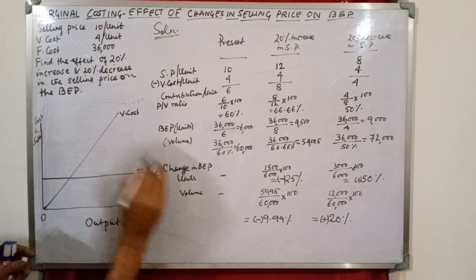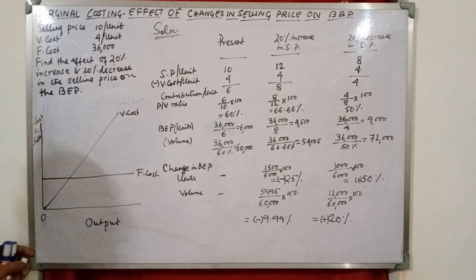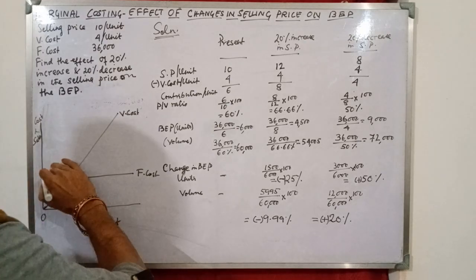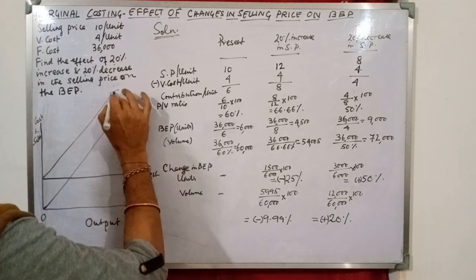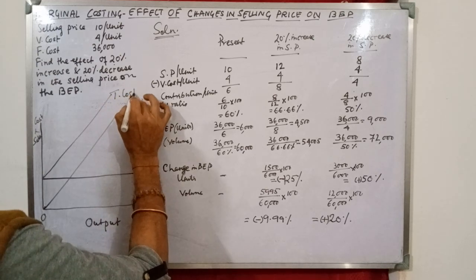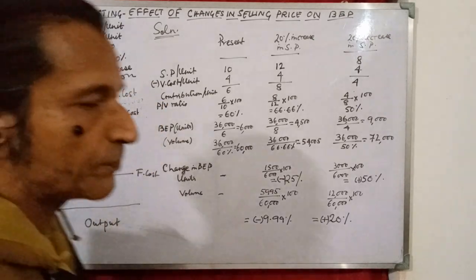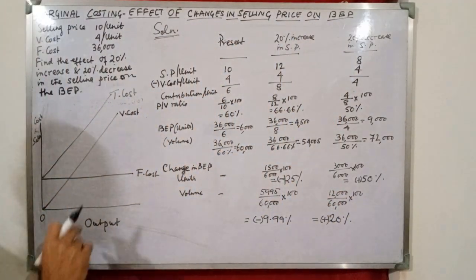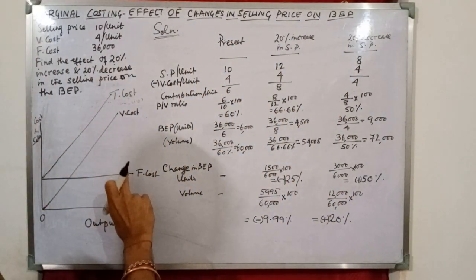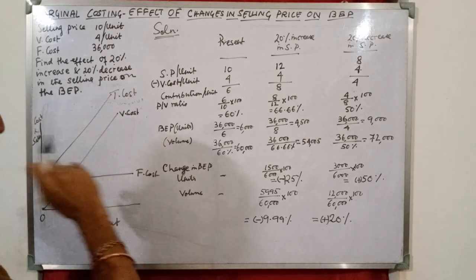This is fixed cost. Therefore, this is total cost. The total cost line will be parallel to the variable cost line, because we have simply superimposed the variable cost over fixed cost.